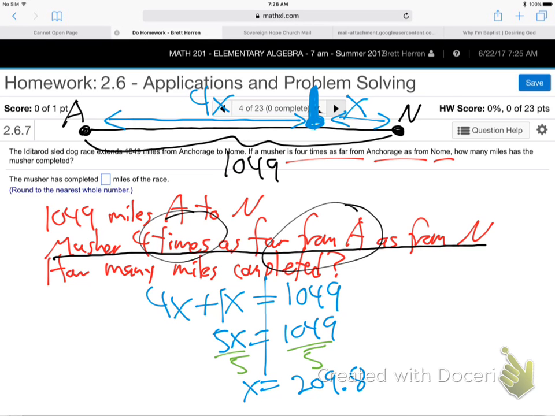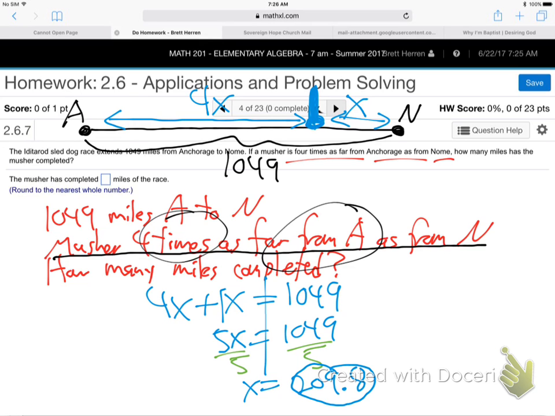So we got it. 209.8. That's x. Good. Exactly. Does everybody see that? Okay. Yes, if we try to say at this point, the final answer to the problem is 209.8.